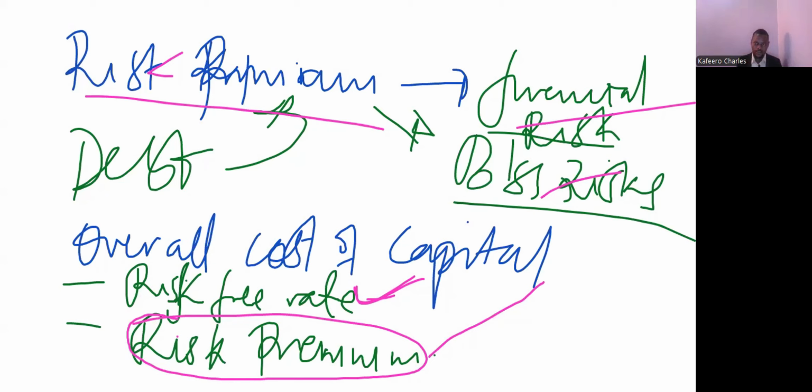So the conclusion is that the overall cost of capital is going to be the risk-free rate plus the risk premium.